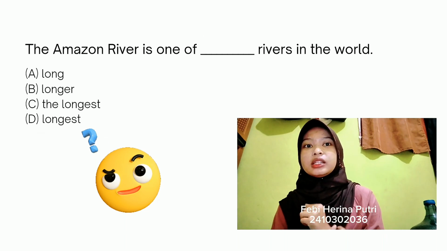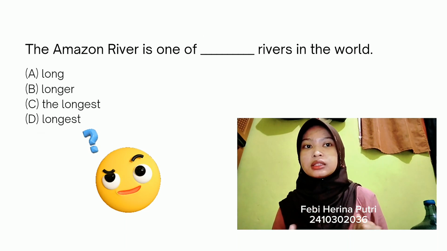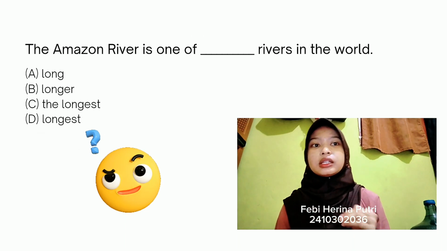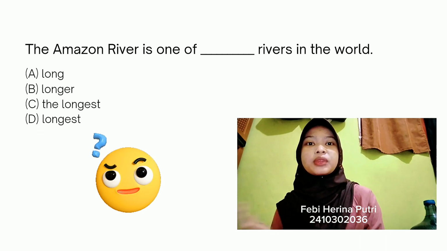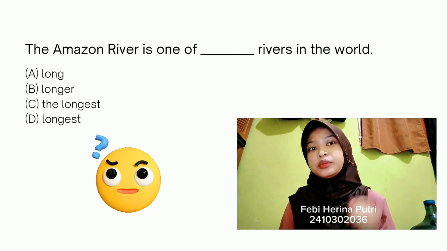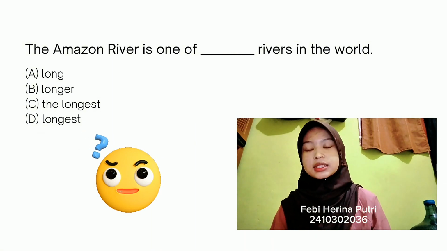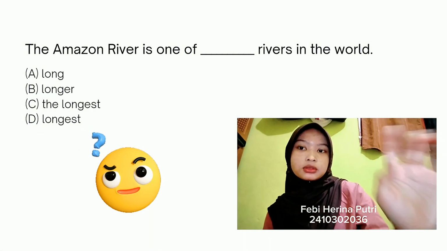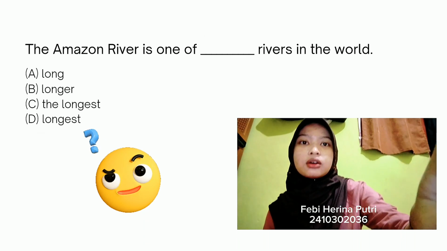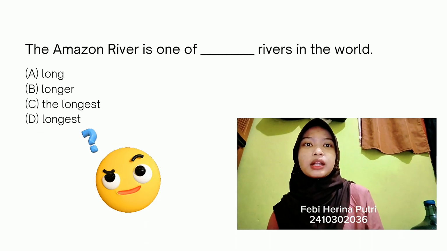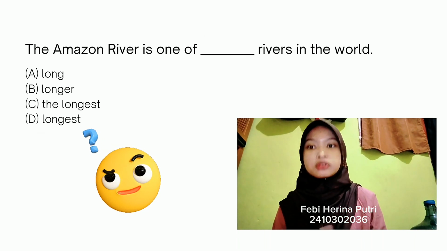The third one, you can eliminate the wrong choices by crossing out clearly incorrect or awkward options, because this will help you narrow your decision. A, long, is not superlative, so this one is clearly wrong.